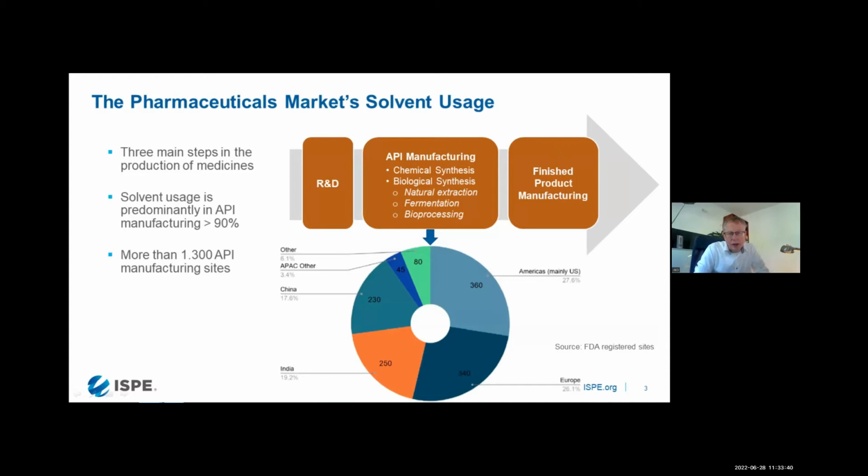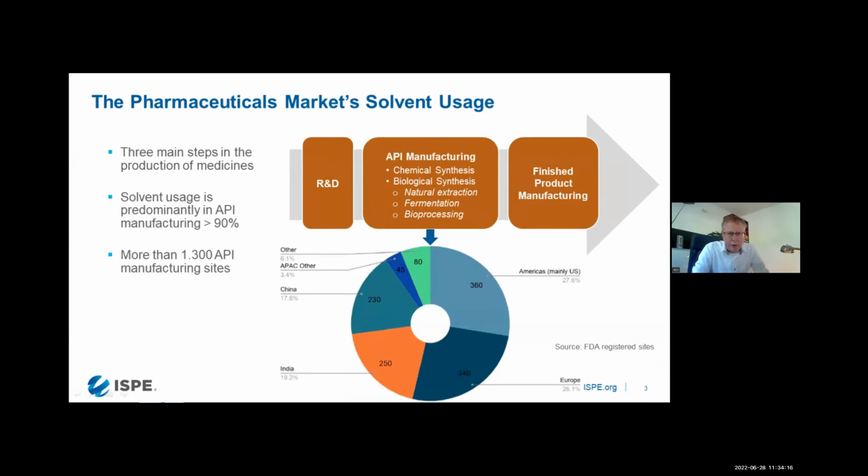Basically, we can distinguish three main steps when producing medicines or pharmaceutical products. This starts with R&D to develop a new type of medicine, which eventually needs to be produced on a larger scale for consumers. The most important manufacturing step is the manufacturing of the API, the active ingredient.